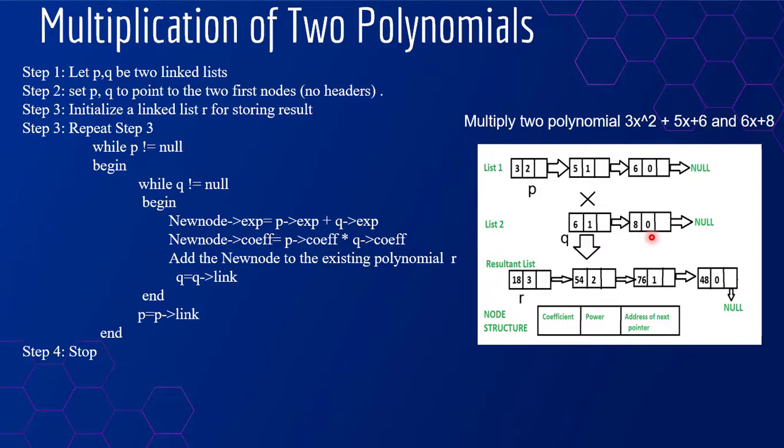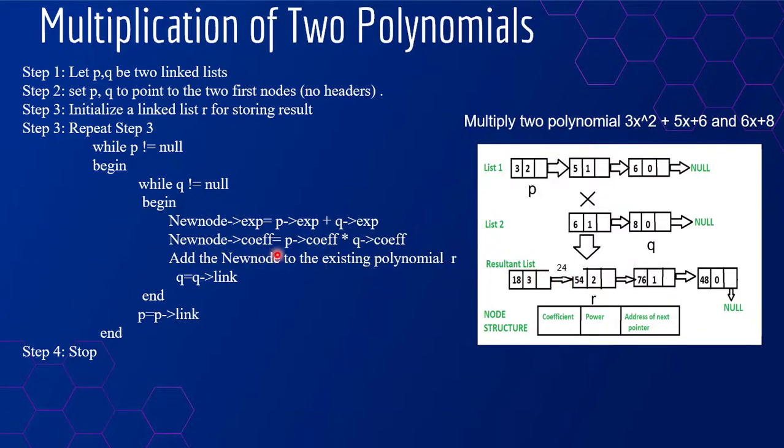Q becomes this, and again you have to multiply this node with this node. P is here and Q is here, and we want to multiply these two nodes into the new node, so let us see how it happens. The new node exponent is nothing but P2 exponent, which is 2, plus Q2 exponent. 2 plus 0 is 2.